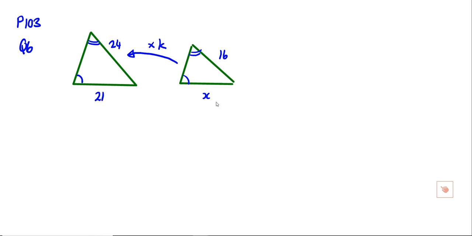I can set it up as a ratio, or as another algebraic equation, however you want. The ratio, or fraction, 16 over x is equal to 24 divided by 21.